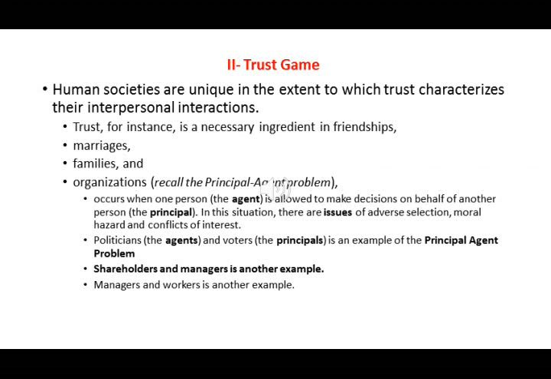Managers and workers is another example of a principal-agent problem, okay, where managers are the principals and workers are the agents who should be working efficiently in order to increase the profits of the firm, okay. So in all these examples, trust should be a very important ingredient.